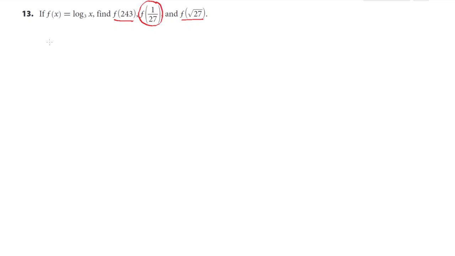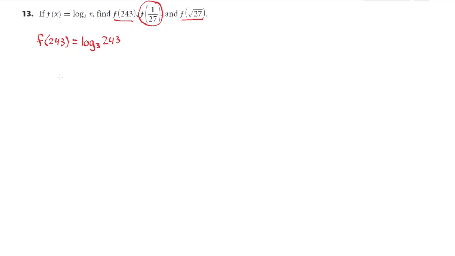All right, so if f of x equals log base 3 of x, find f of 243. So f of 243 will look like that. And it's asking the question, how many 3's do I need to multiply together to give me 243? Now we could just figure out how many 3's is required.